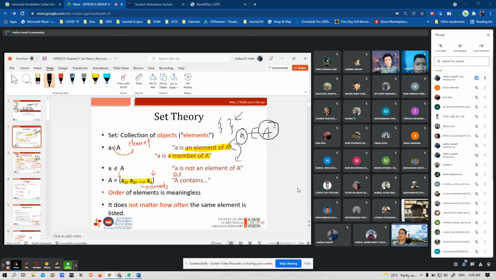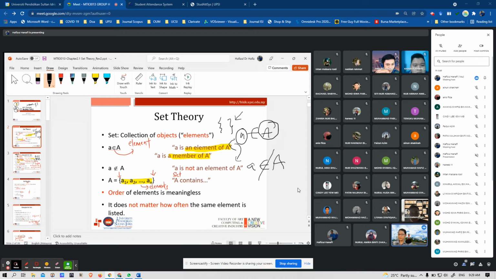Okay, and then if you see that a is not an element or member of set A, you can have a symbol like this. It's not a member of set A. And then set A contains the elements from a1 until an. And then for the set, the order of the elements is meaningless.